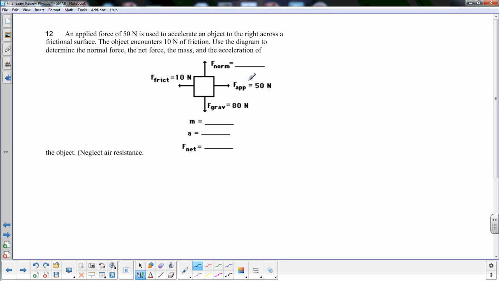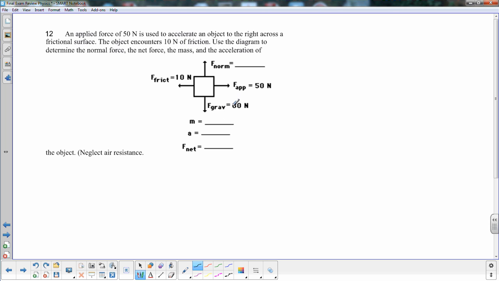First and foremost, I know gravity is pulling it down with 80 newtons and it's on the surface. I hope it's not falling through the surface. The surface is exerting a normal force of also 80 newtons.